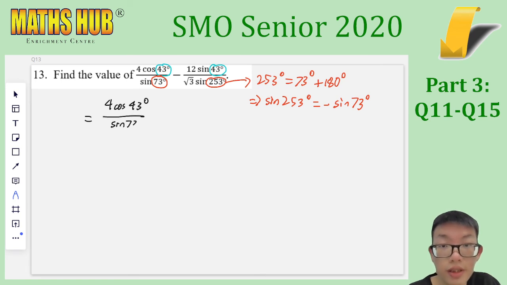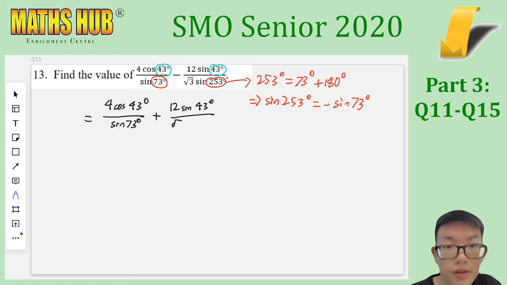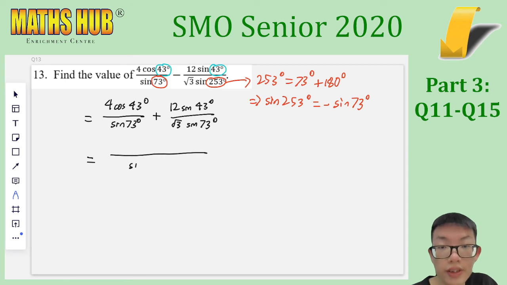So let me just change sine 253 degrees to negative sine 73 degrees. And I'm going to take 12 divided by square root 3, which is 4 square root 3, and therefore leave sine 73 degrees as the denominator.